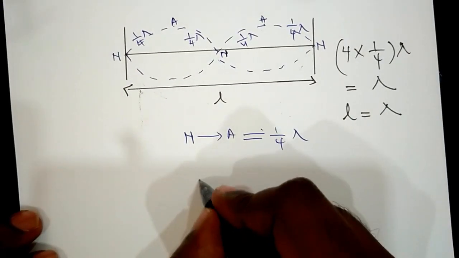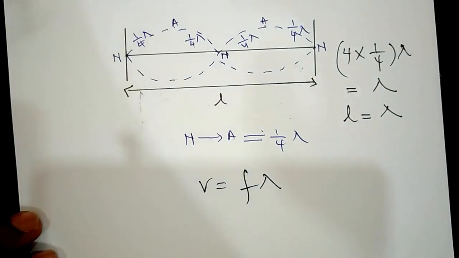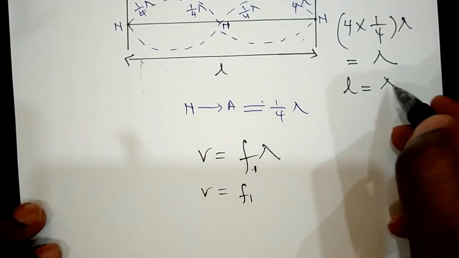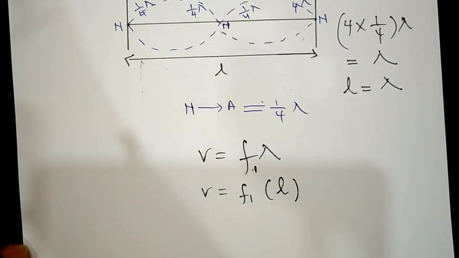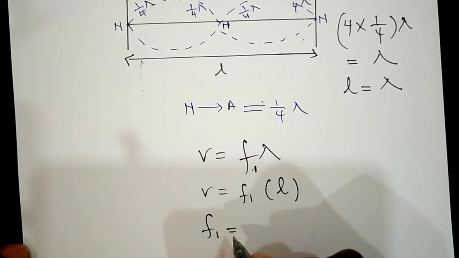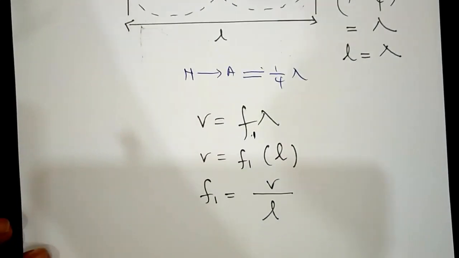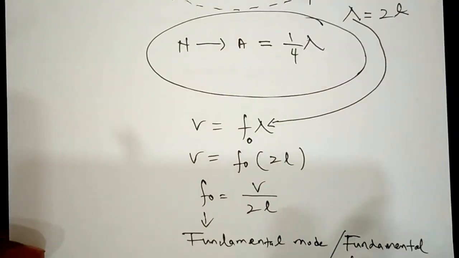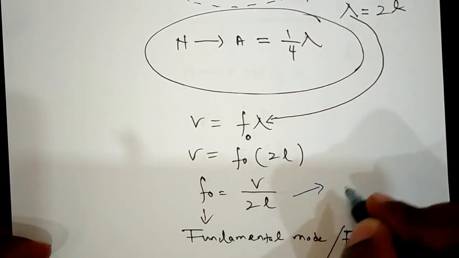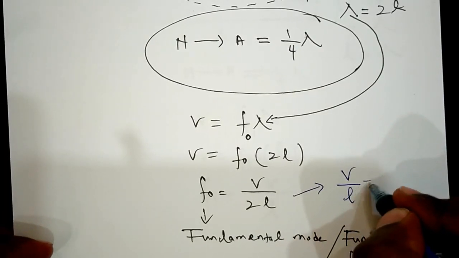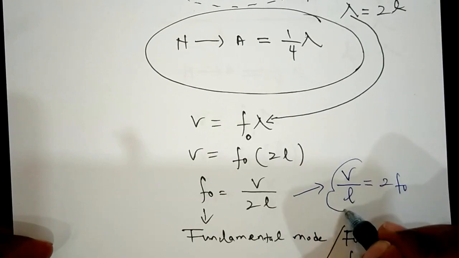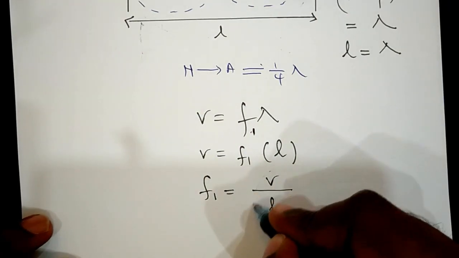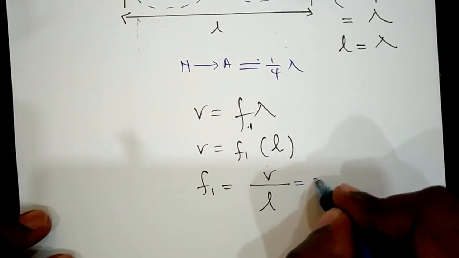So from speed of wave propagation for the first overtone, v equals f1 lambda, where lambda equals L. First overtone frequency equals v over L. If we want to put f1 in terms of f0, we know that v over L equals 2 f0.